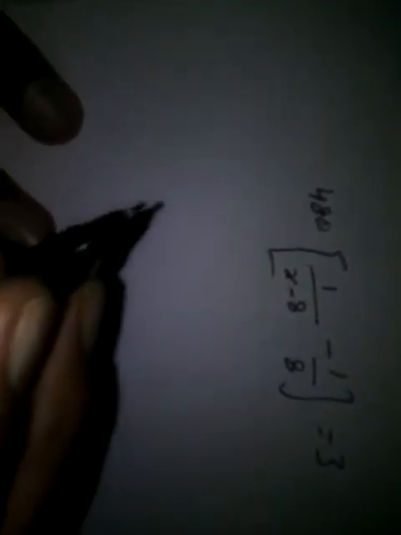Further solving this, we can take 480 common. Inside the bracket we are left with 1 divided by x minus 8 minus 1 by x is equal to 3. Now we will take the LCM as x minus 8 into 8.